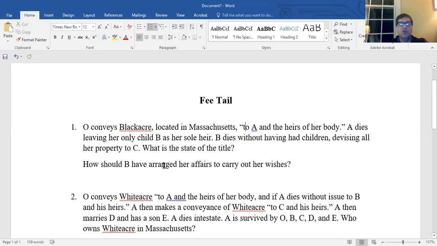And so they ask, how should B have arranged her affairs to carry out her wishes? If B really wanted the property to go to C, B should have disentailed the estate during life.